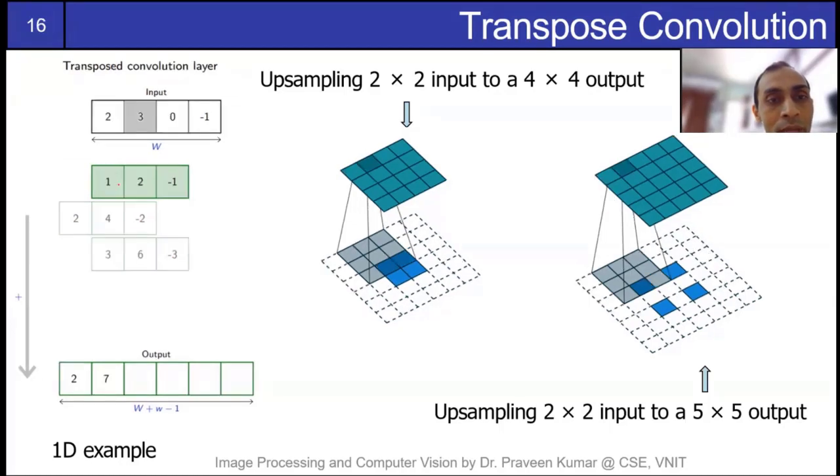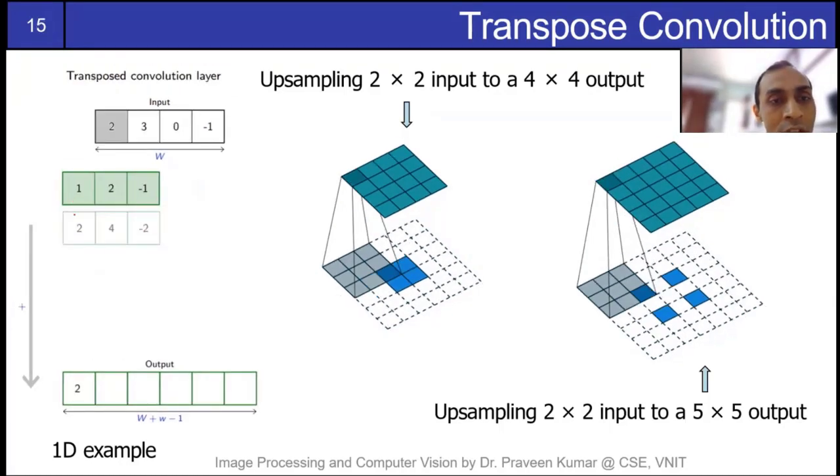This first output is already ready, because no other input pixels are going to contribute to it. Here also you can see the first pixel of this expanded output has come from this particular pixel multiplied by this particular weight of the filter.